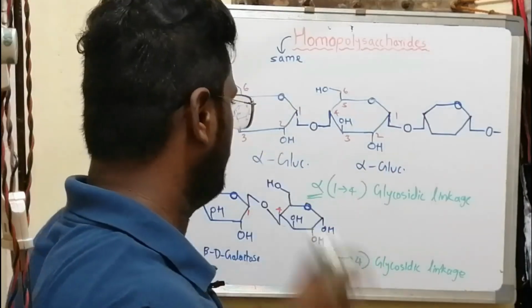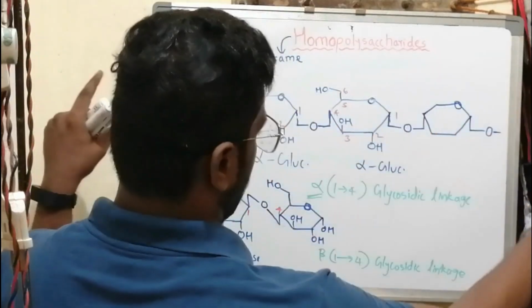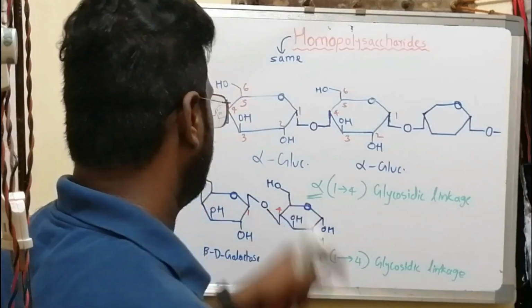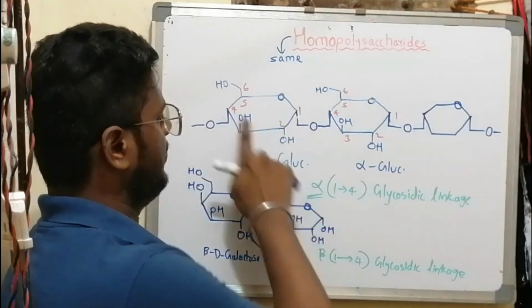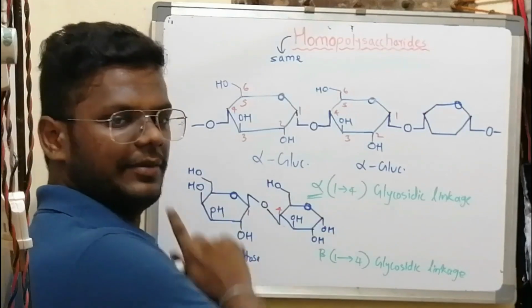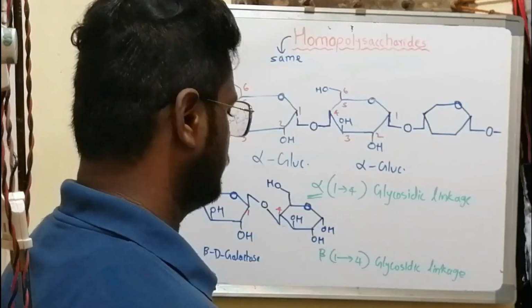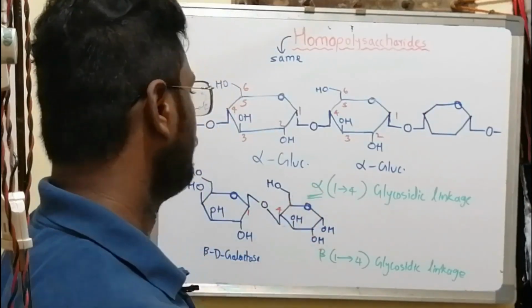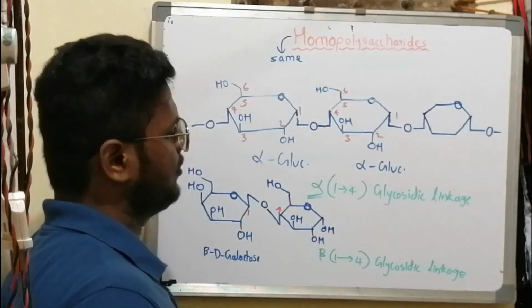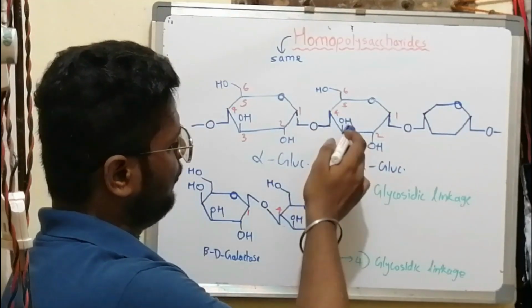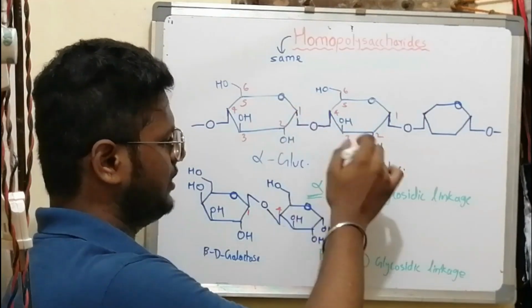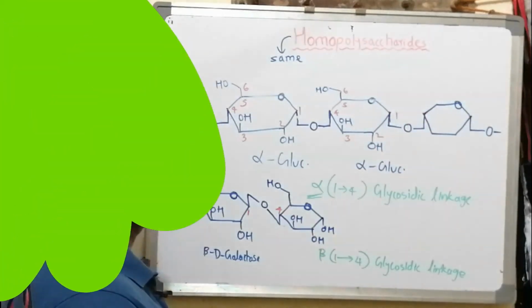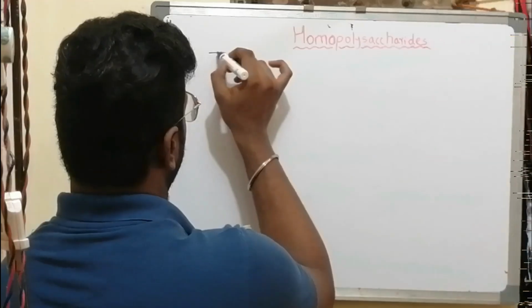Between 1 and 4 is common if we have to draw a linear chain, and branching is commonly seen between first and sixth carbon. But in some homopolysaccharides, the branching has also been noticed between 1 and 4, 1 and 3, 1 and 2 also. Let's continue with a famous example of homopolysaccharides, that is starch.